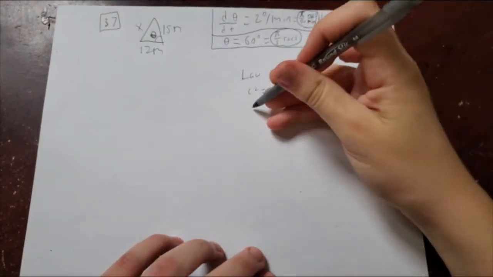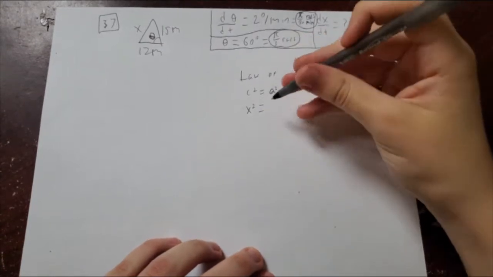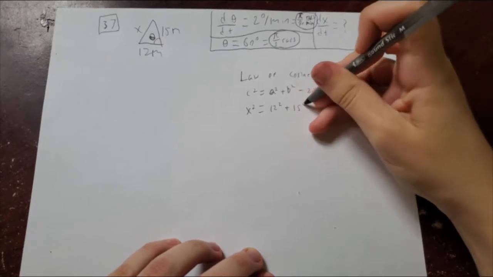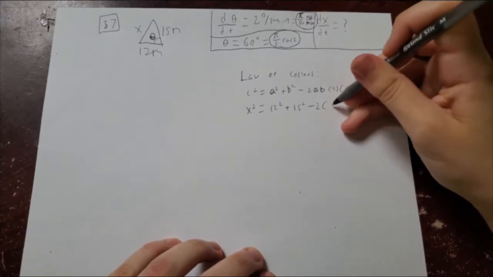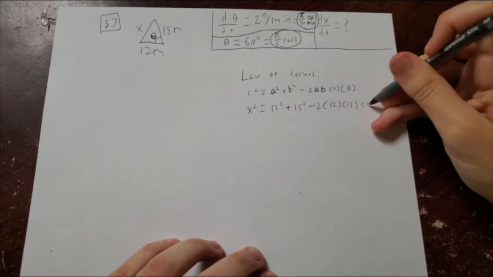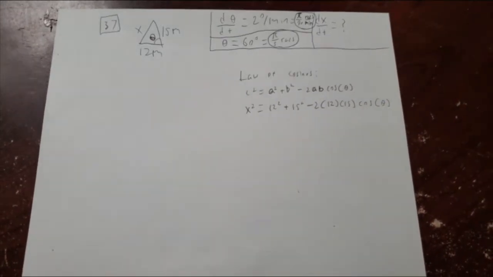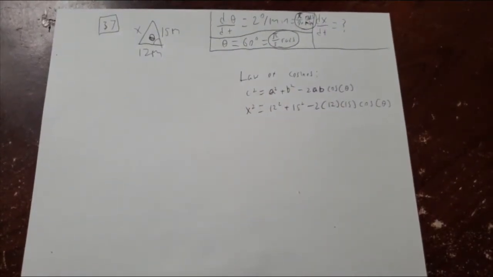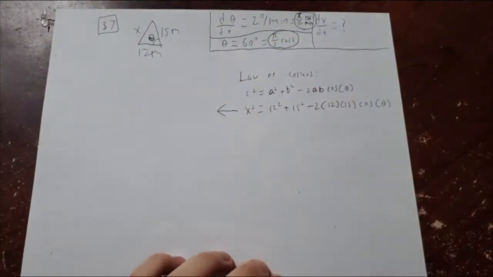With x here, we can change c to x. So x squared equals, 12 can be a, so 12 squared, plus 15 squared, b is 15, minus 2 times 12 times 15 cosine, and we'll leave that at theta for now. We're going to use this equation later to derive, so I'll put an arrow over there.